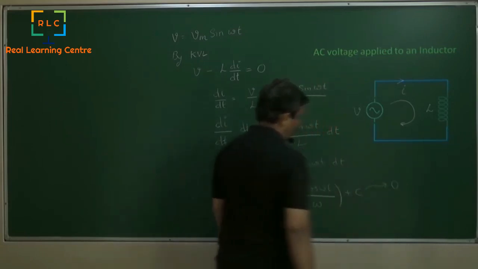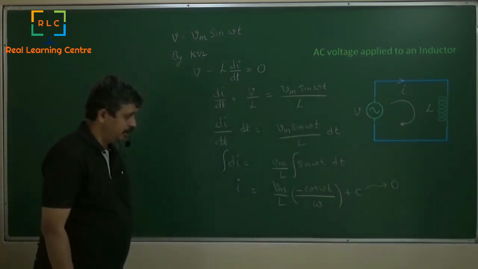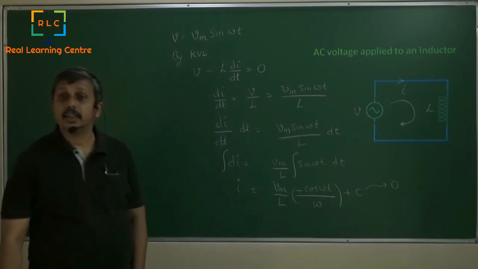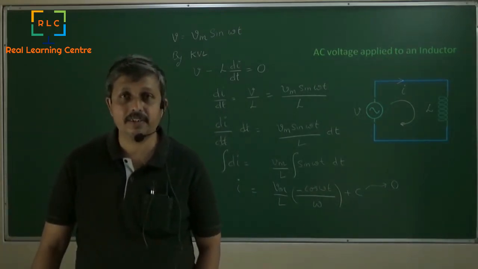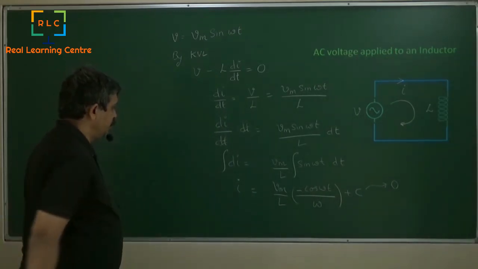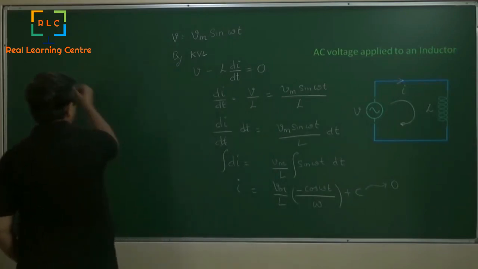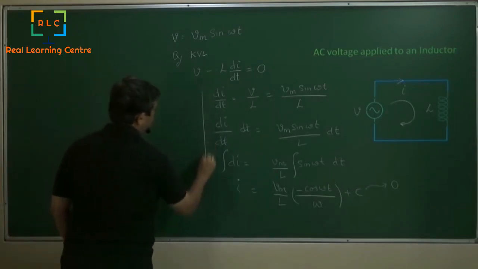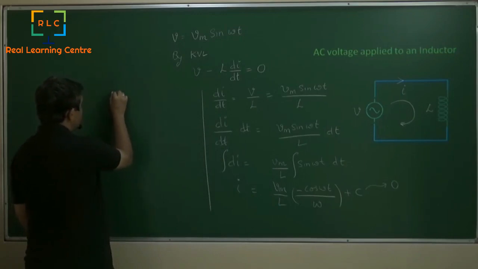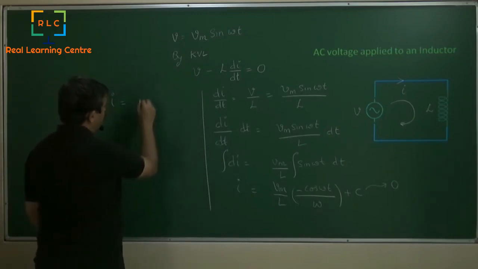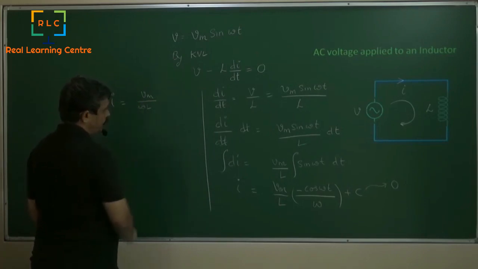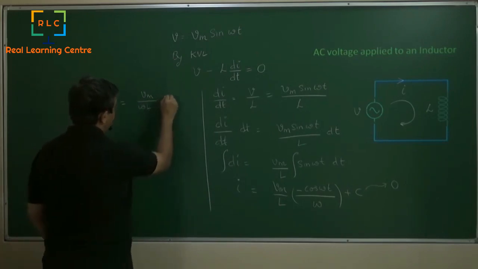I'm not going to do a very elaborate discussion on that, but when that happens, we can write I is equal to Vm by omega L, into minus cos omega t.